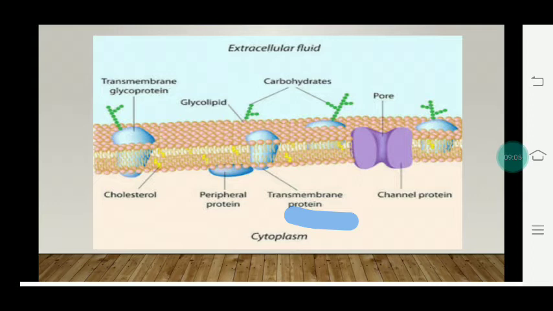Here you can also see glycolipid. So, what is a glycolipid? Carbohydrates which are bound with lipids are called glycolipids. Carbohydrates, especially abundant in the plasma membrane, bound with lipids are called glycolipids, and carbohydrates bound to proteins are called glycoproteins.